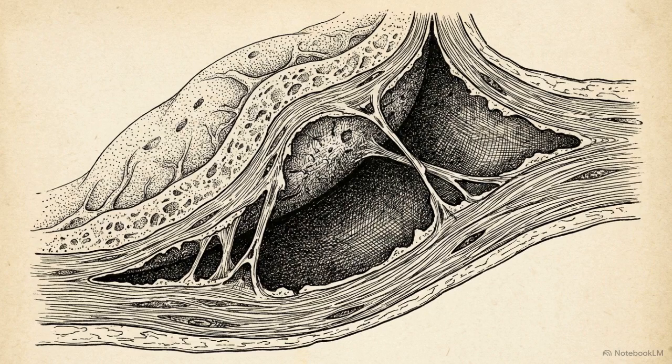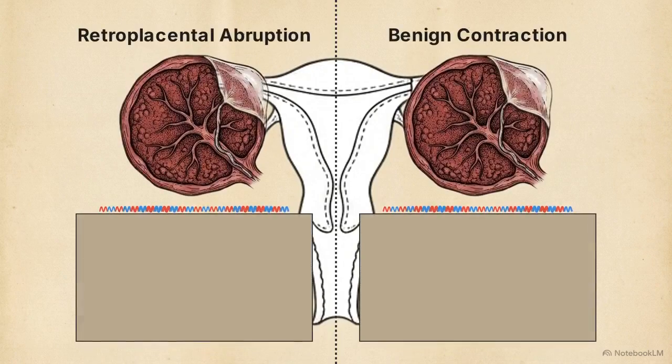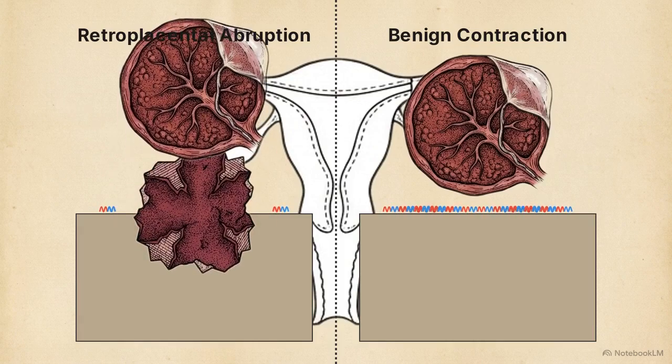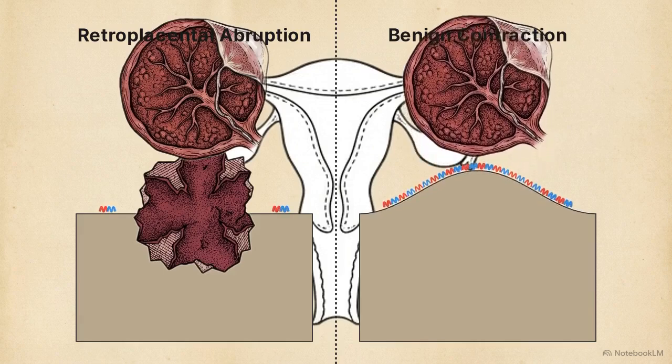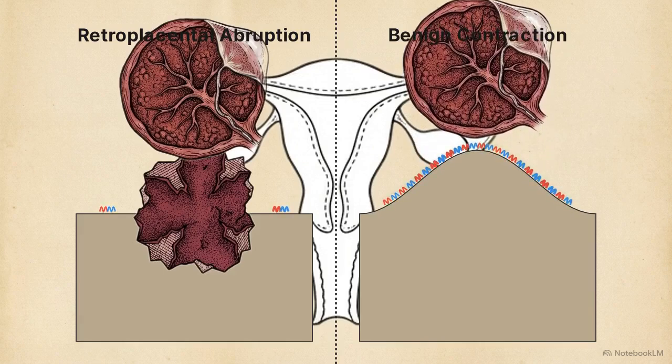Placental abruption is the premature separation of the placenta from the uterine wall, a severe emergency. This comparative cross-section isolates the critical distinction. On the left, severe retroplacental abruption presents as a dark hematoma that violently tears through the retroplacental complex. On the right, a benign contraction gently bows the complex, leaving venous structures intact.